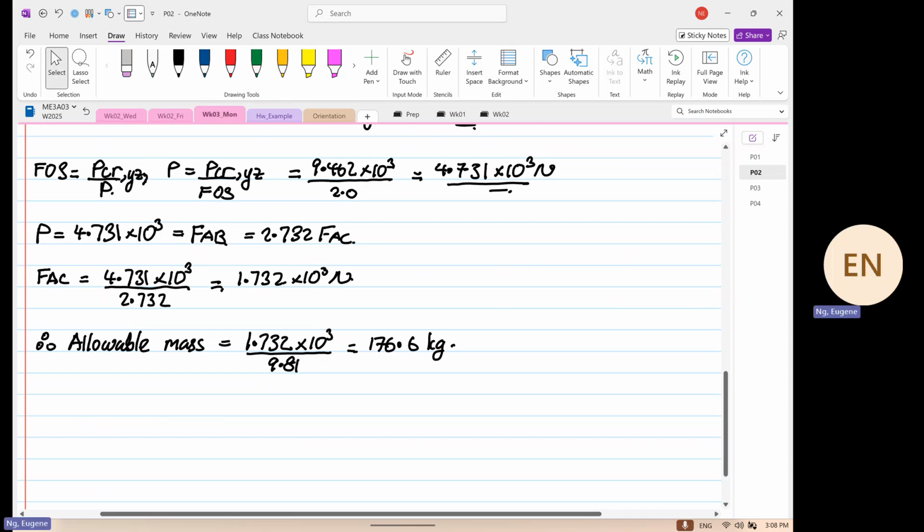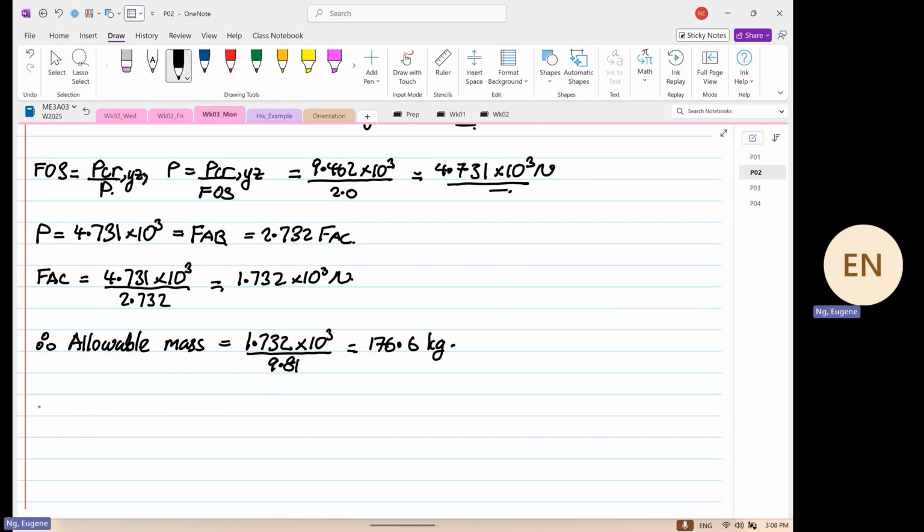So we'll again have to see if the structure is safe or not. Okay. So usually we have to calculate the critical stress, which is critical load divided by the area. So the critical load is 9.462 times 10 to the power 3. Cross-sectional area is pi r squared, 0.025 squared. Okay.